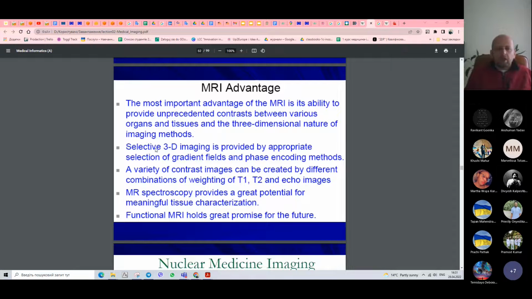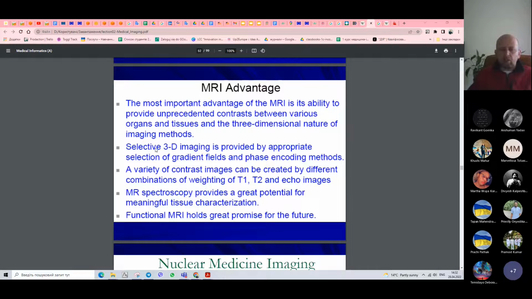MRI advantage. The most important advantage of the MRI is its ability to provide unprecedented contrast between various organs and tissues and the three-dimensional nature of imaging methods. Selective 3D imaging is provided by appropriate selection of gradient fields and phase encoding methods.